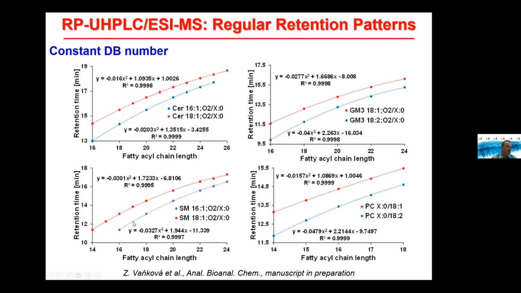By the way, if you look for some missing members in this logical series, it's very easy to very accurately predict the retention time and then search in your record whether this species is present or not. So if you see these correlation coefficients, it's quite accurate. And vice versa, you may also use it to detect some suspicious species or incorrect identifications.